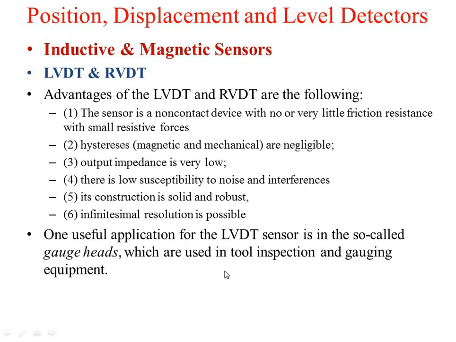One of the useful applications of the LVDT sensor is in a gauge head. So if you want to measure the gauge, that means the gauge of the wire, you can use such kinds of LVDTs.